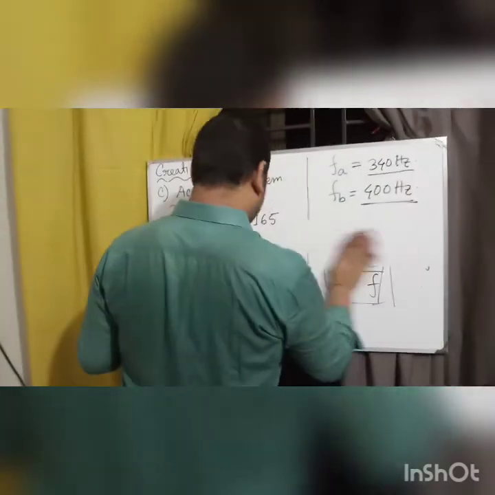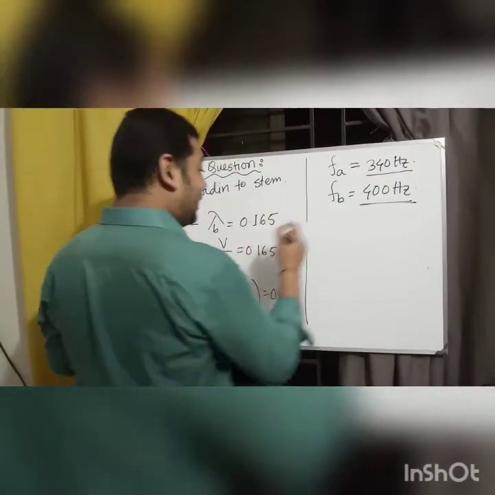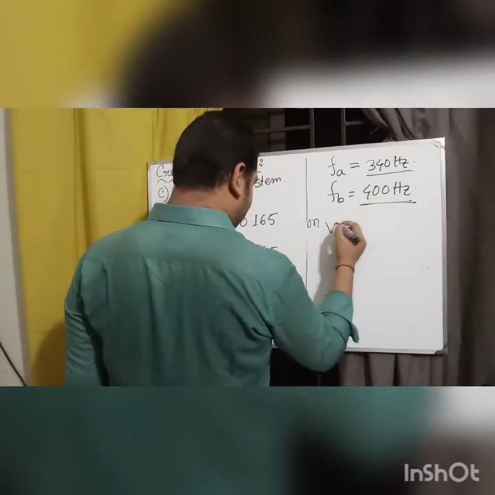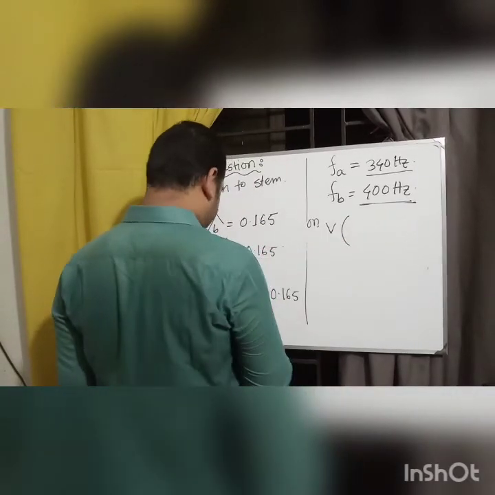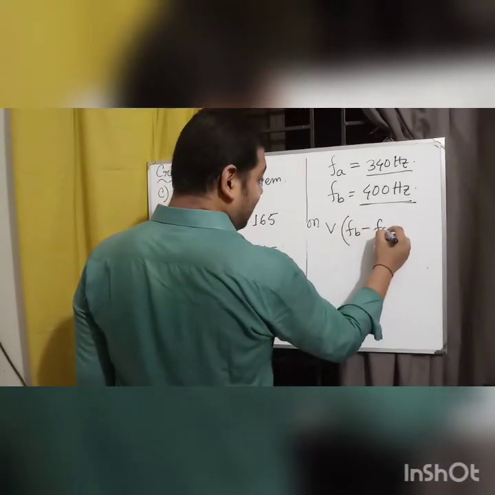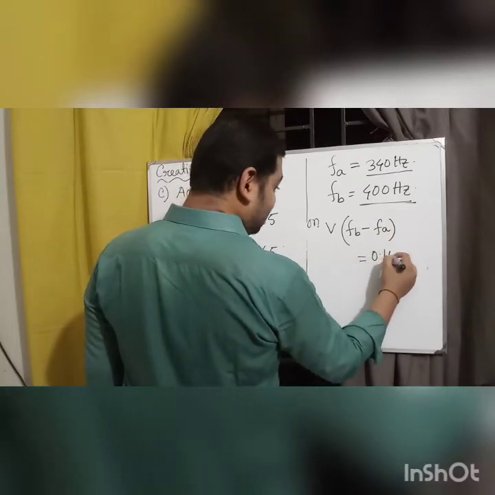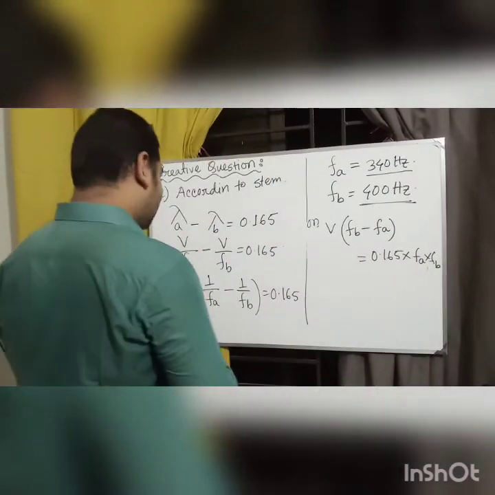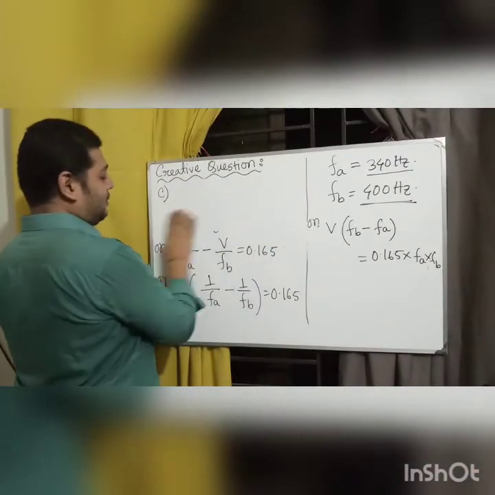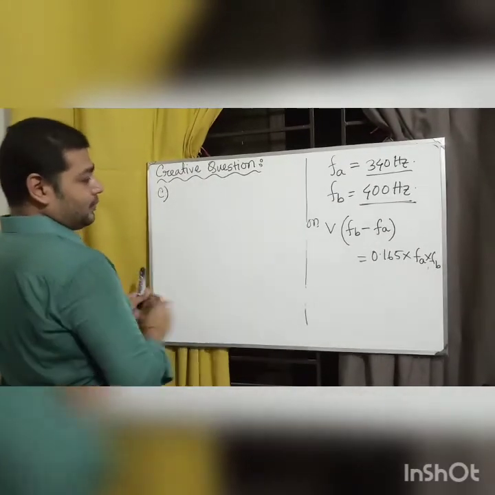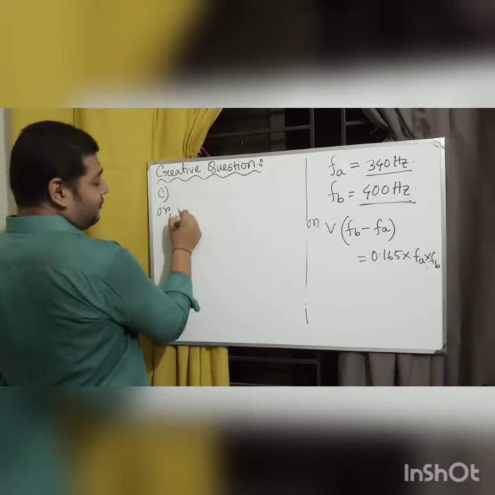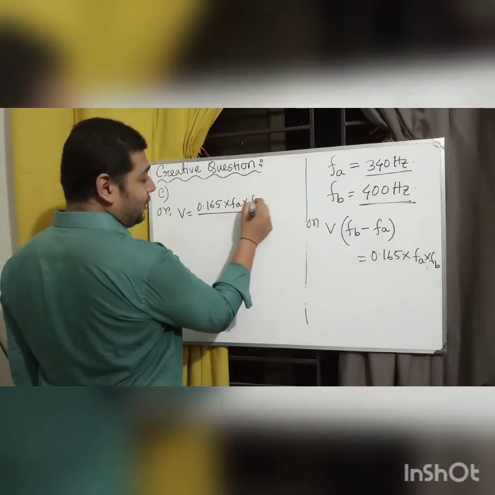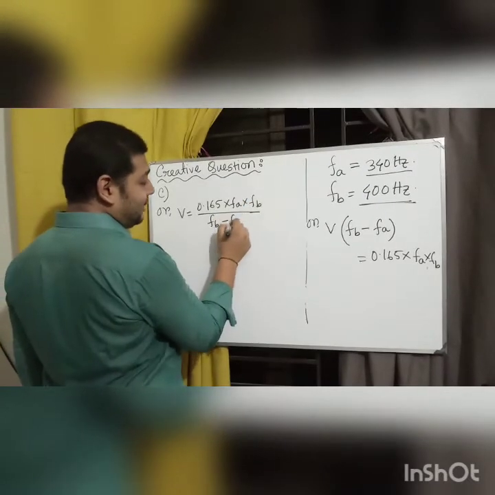Putting the value of Fa and Fb, we can write, or V equal to Fb minus Fa equal to 0.165 into Fa into Fb. Or V equal to 0.165 into Fa into Fb by Fb minus Fa.